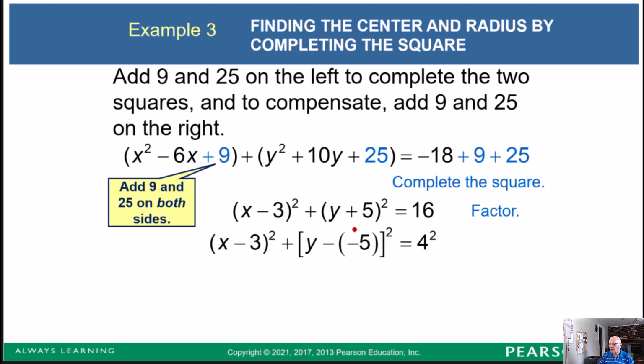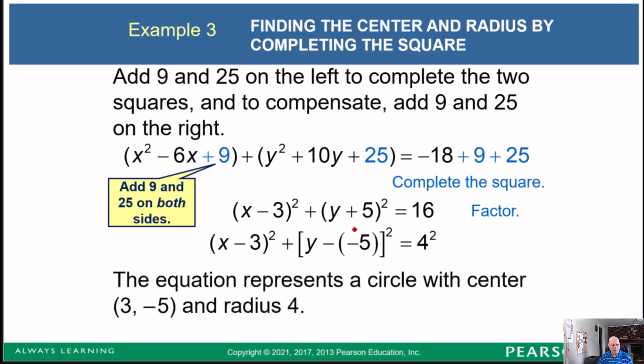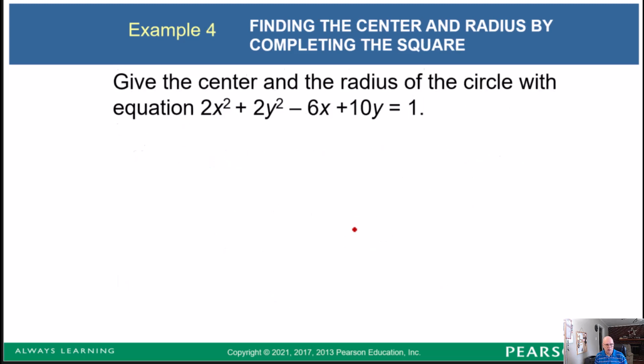And if you follow these slides that I put in Blackboard, you can follow it yourself. And also maybe take a second look at this video and follow it there too, after you've looked at the PowerPoint all by itself. So there we have it. Circle with center at (3, -5) with a radius of 4.